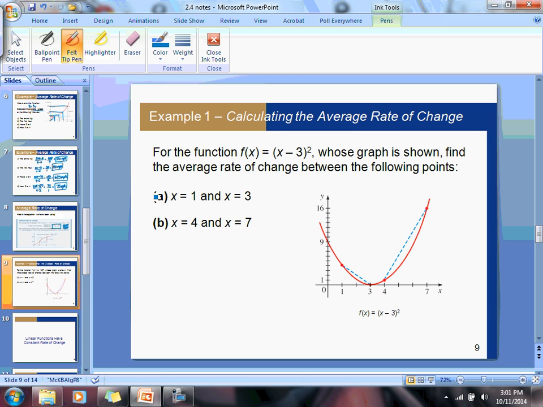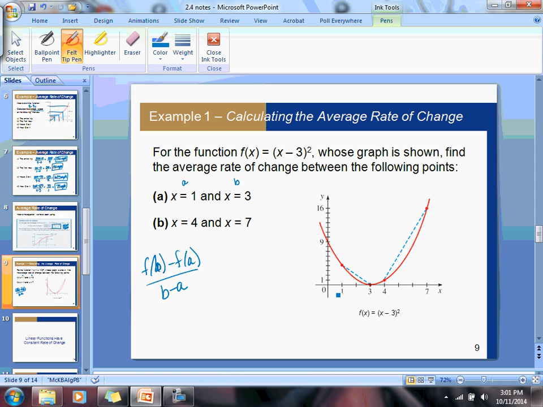So in part A, we have x equals 1 and x equals 3. So that x equals 1, we want to think of that as our A value, and the x equals 3 is like our B value from that formula that we were just using. So we have f of B minus f of A all over B minus A. So when we put 3 into the function, the y value that we get out is 0.